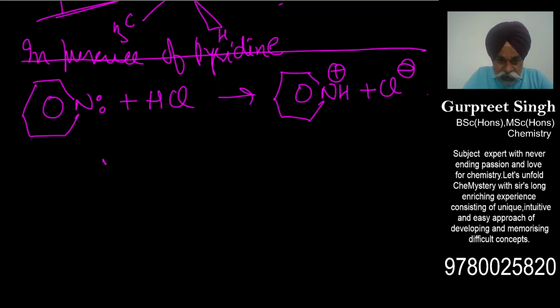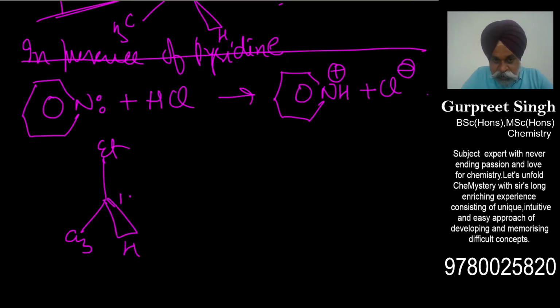Now in this case, what might have happened is that you have this entity with you, CH3, ethyl. Here you have hydrogen, and here you had SO2 and Cl. This is what you have.